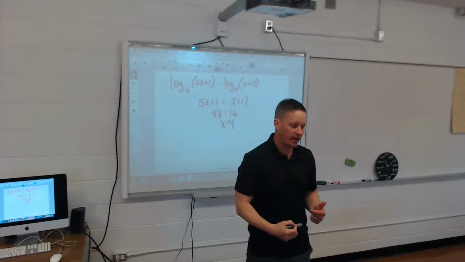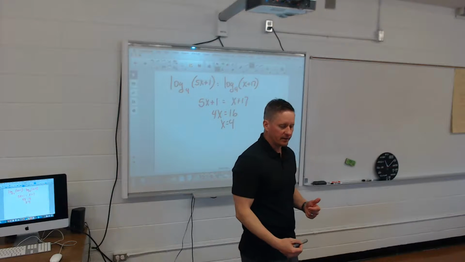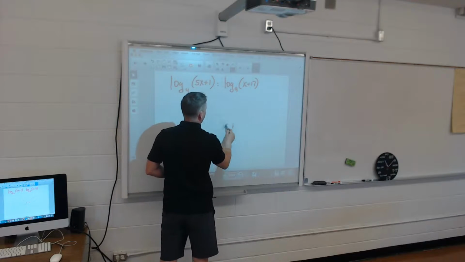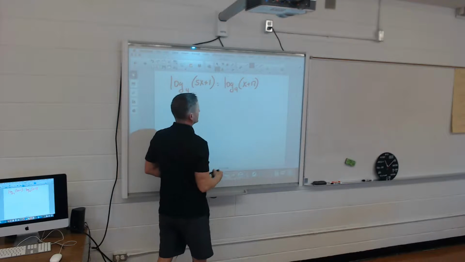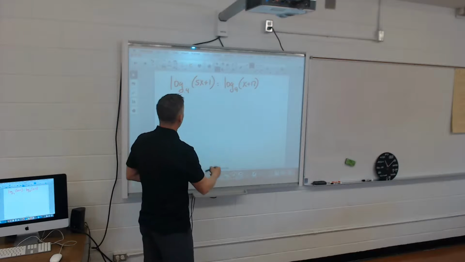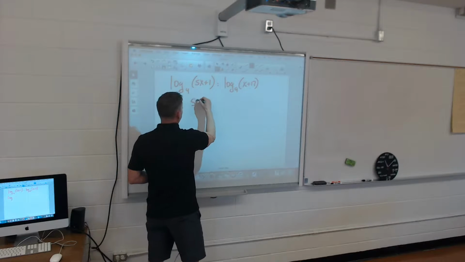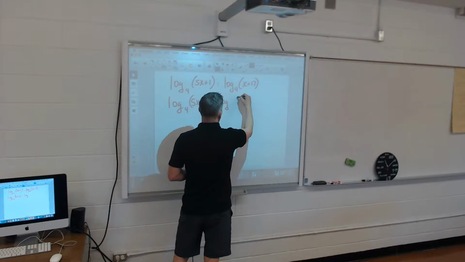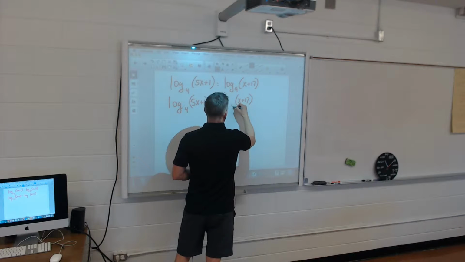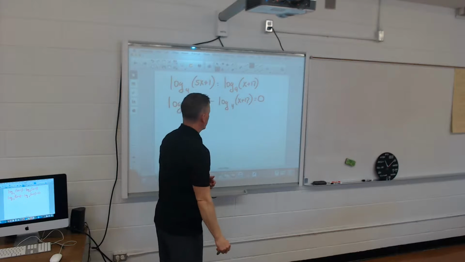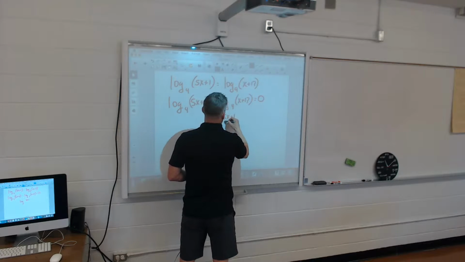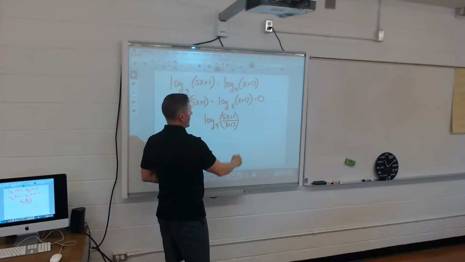I'm going to show you the long way and the reason that we do it this way. So I'm going to erase this now. Again, I'm reiterating this: this is not the way I would do this question, but it's what I want you to see. So I can move these to the one side, have it equal to 0, and change it to a single logarithm because it's a subtract.